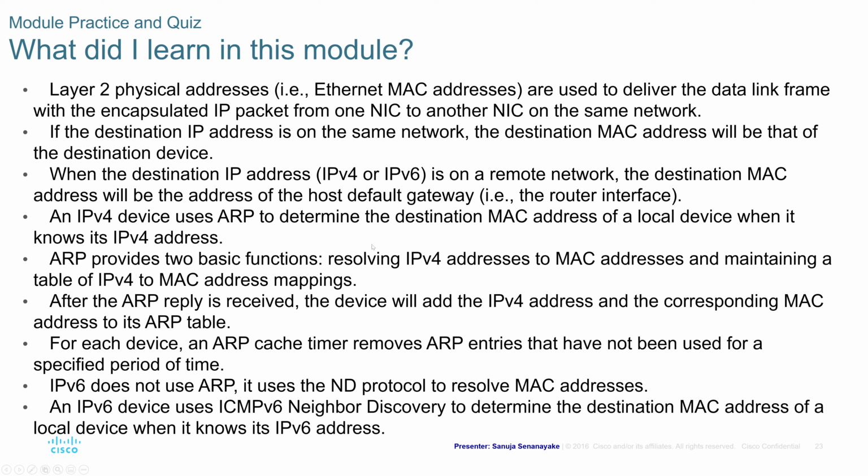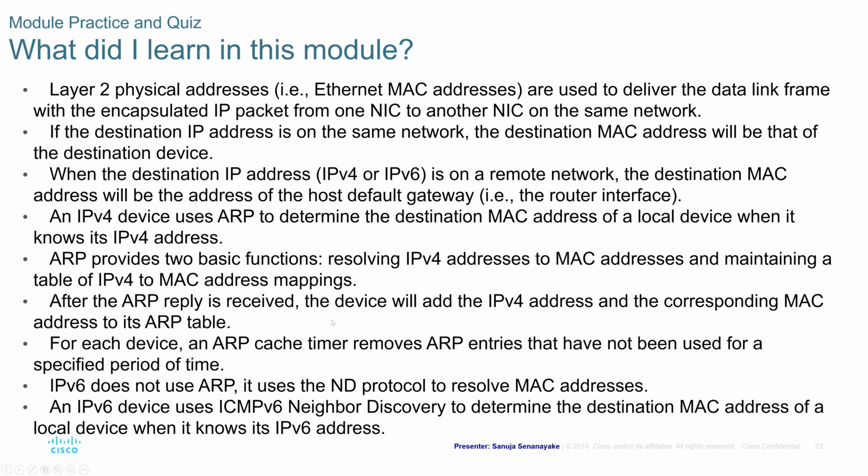An IPv4 device uses ARP to determine the destination MAC address of a local device when it knows the IPv4 address. ARP provides two basic functions: resolving IPv4 addresses to a MAC address, and maintaining a table of IPv4 to MAC address mappings, which we call the ARP table.